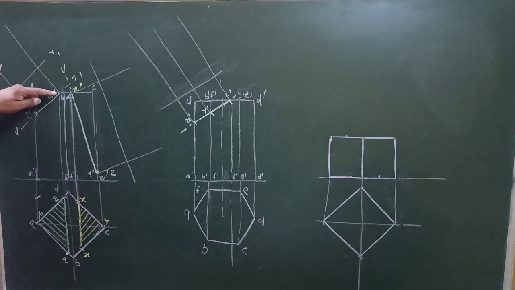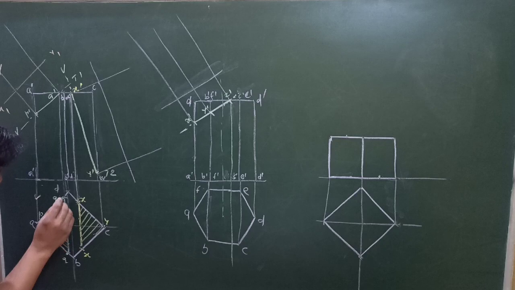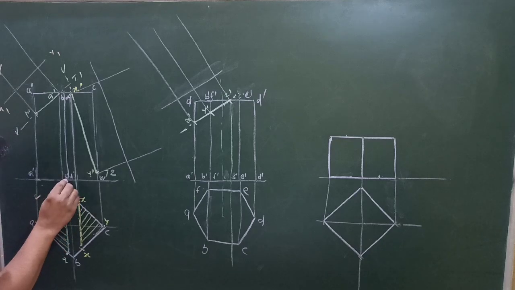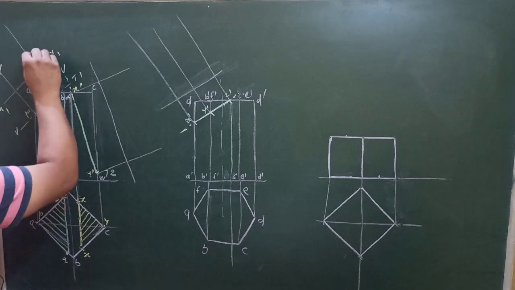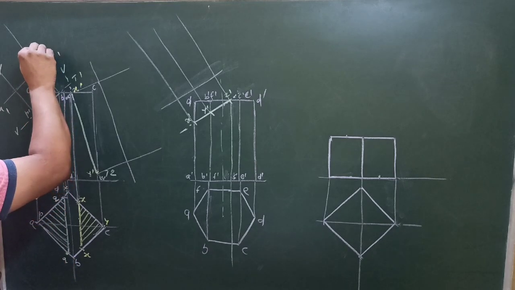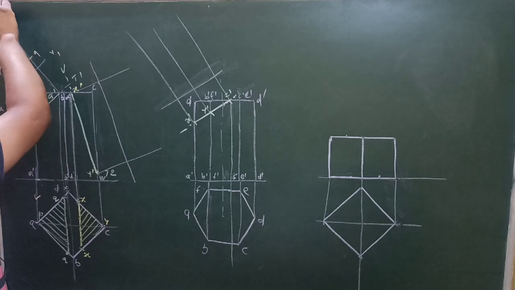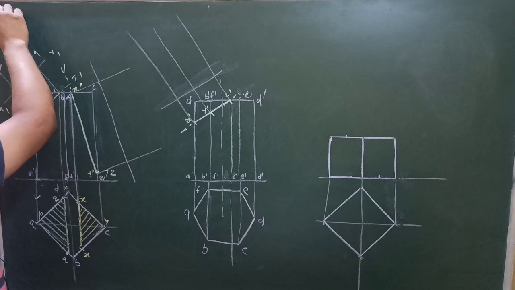Similarly, you have to take distance of Q from the top view. So this distance, one distance will be this one, second distance from XY to here. So one distance will be somewhere around here, and second distance somewhere around here.